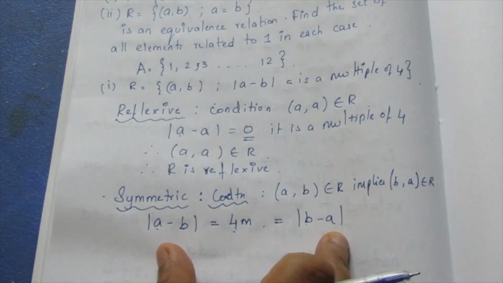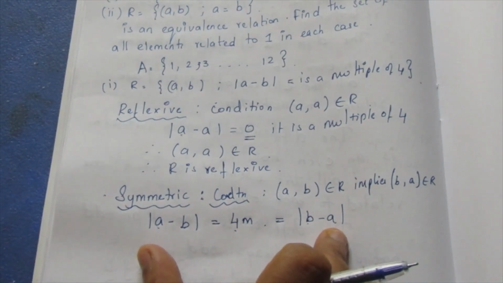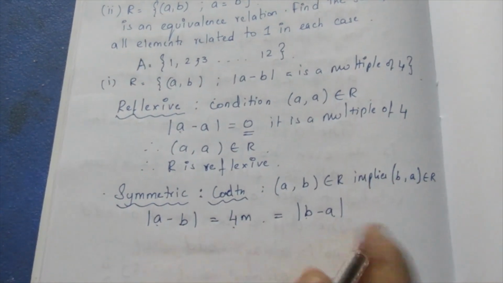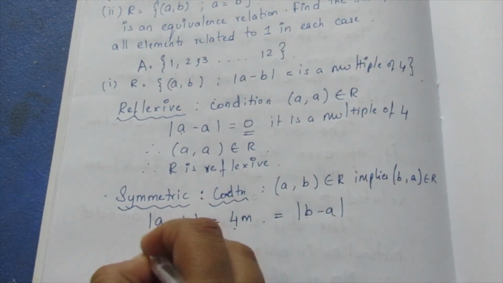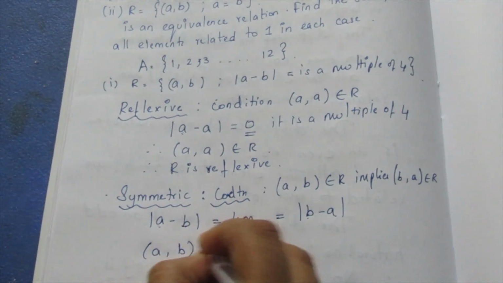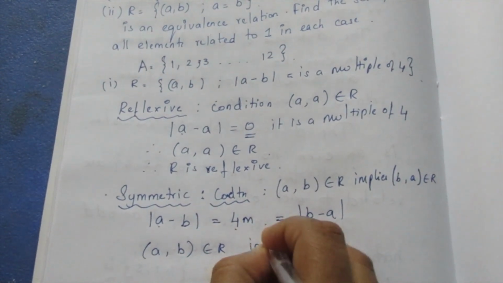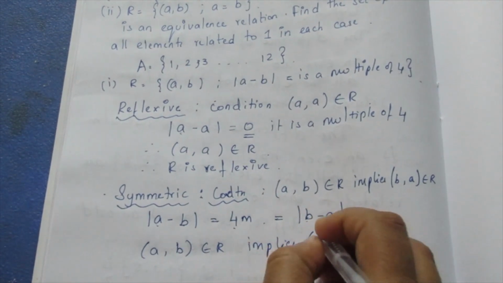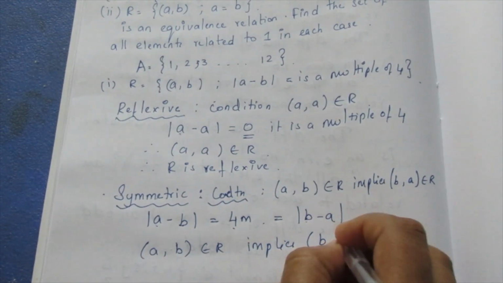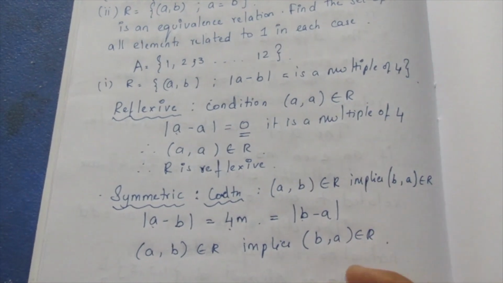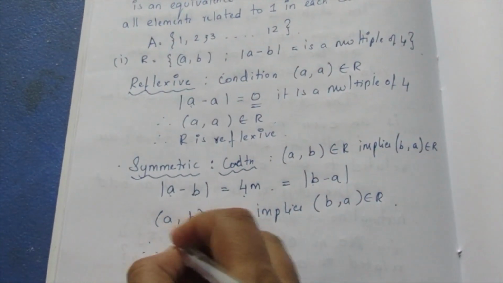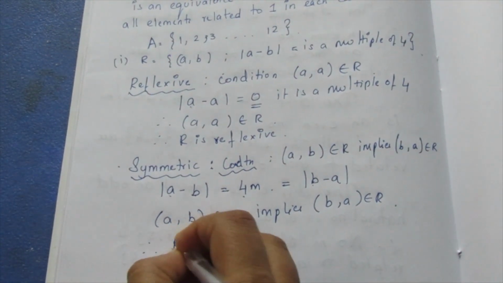There is only a change of sign, and according to the modulus, there is no change of sign. So we can directly say that (a, b) belongs to R implies (b, a) belongs to R. Therefore R is symmetric.